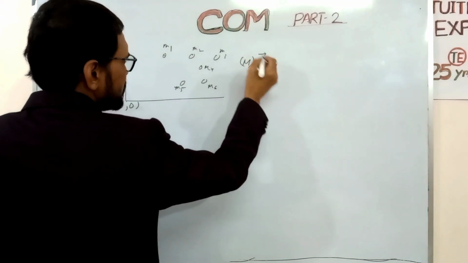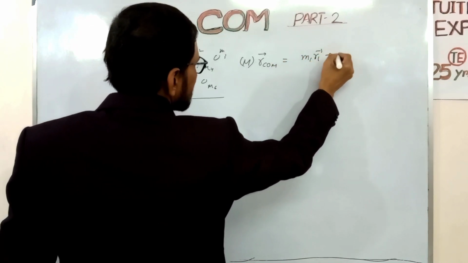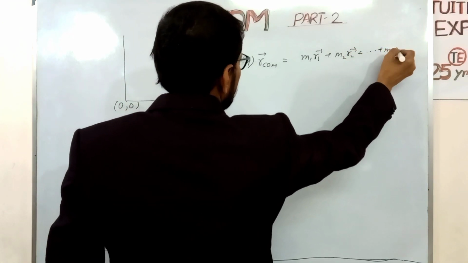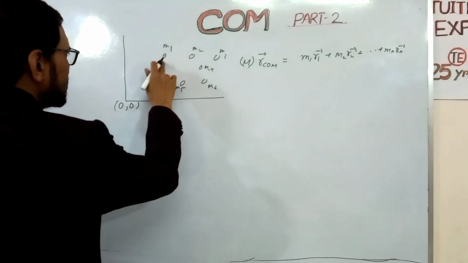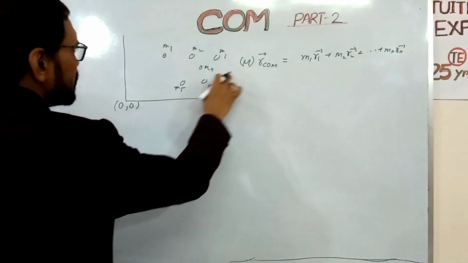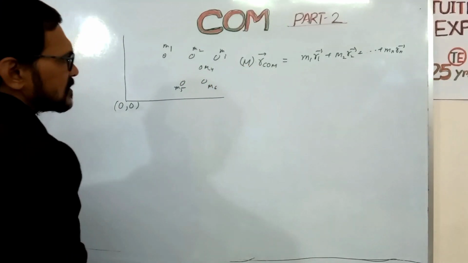M is the total mass of the system, so M R_CM equals m1 r1 plus m2 r2 plus dot dot dot mn rn. Here r1, r2 are the individual position vectors of masses m1, m2, etc., M is the total mass of the system, and R_CM is the position vector of the center of mass.